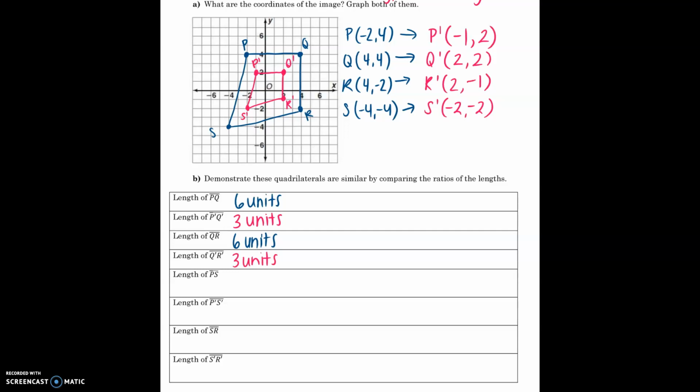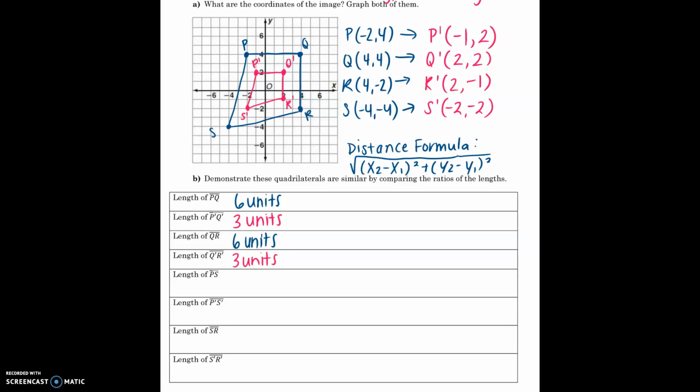use the distance formula between two coordinate points. If you recall, the distance formula is the square root of x2 minus x1 squared plus y2 minus y1 squared.